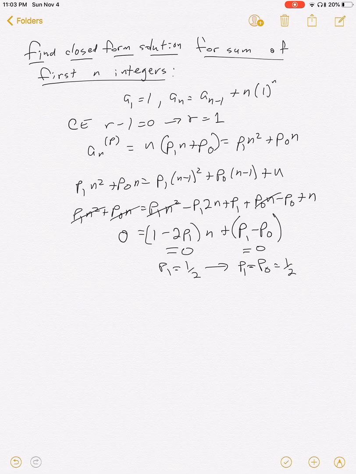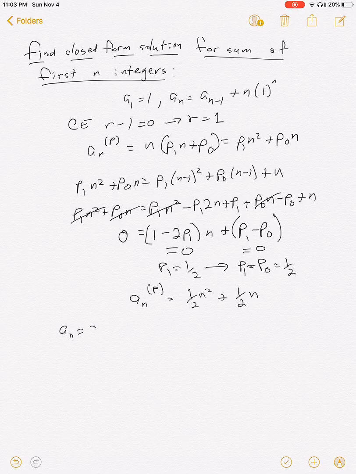And so I can write down my a n p is 1/2 n squared plus 1/2 n. And so now I can go to my third step and combine my solution.